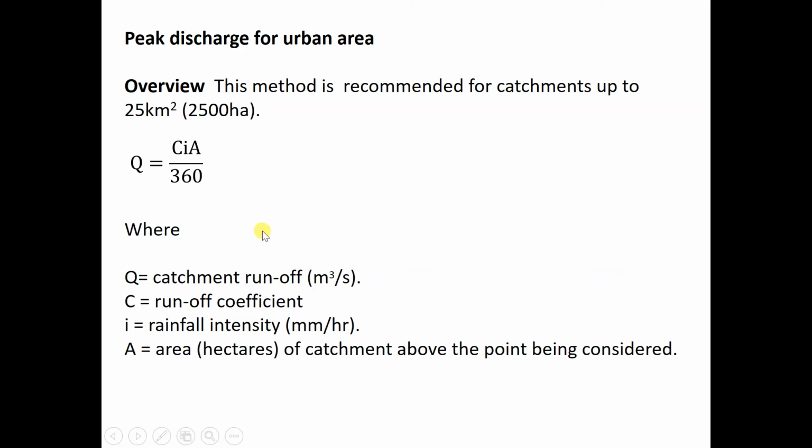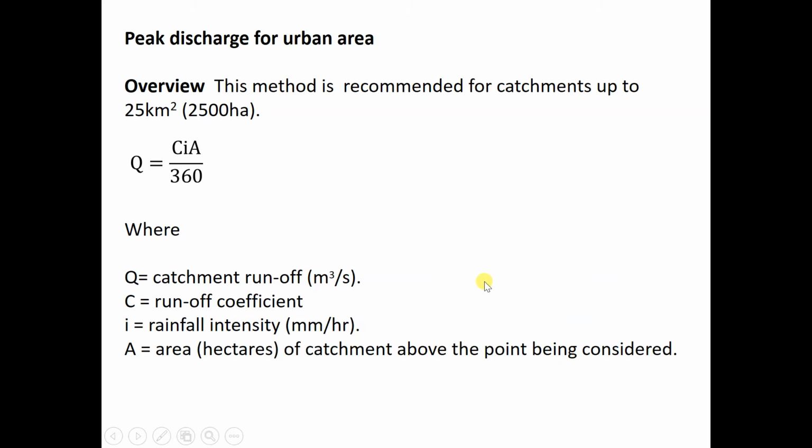So we don't include the grey water, the black water from the kitchen, from the bathroom, from the toilet. Okay, that one will go to the sewage pipe. So the area will be defined by the stormwater pipe system.